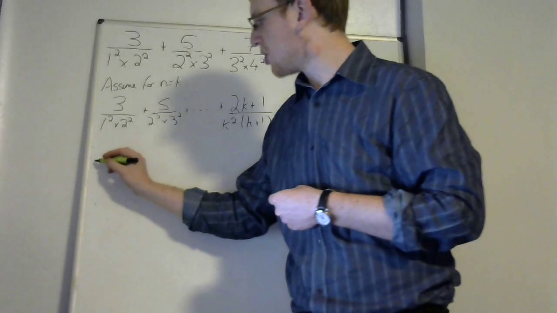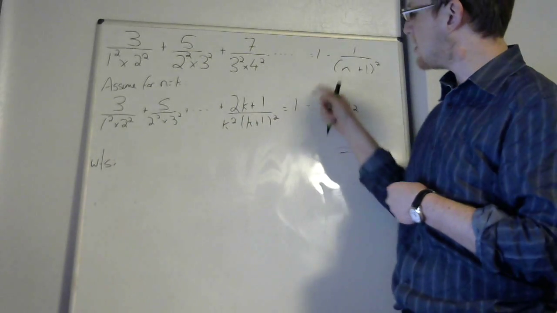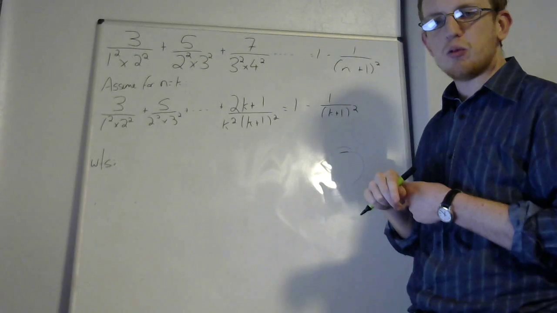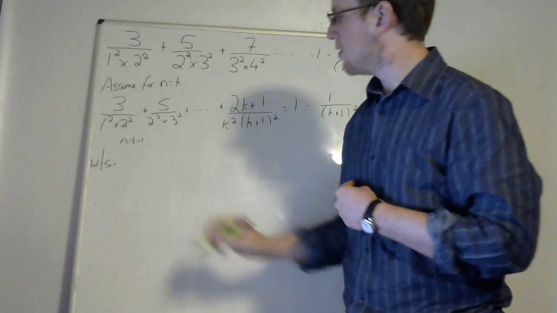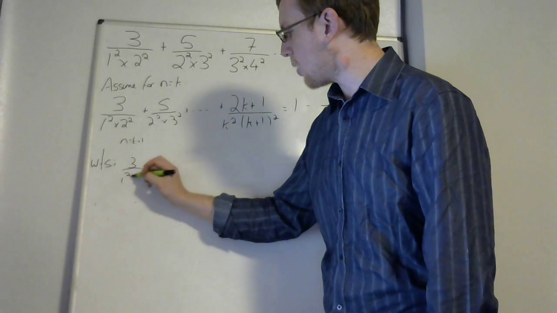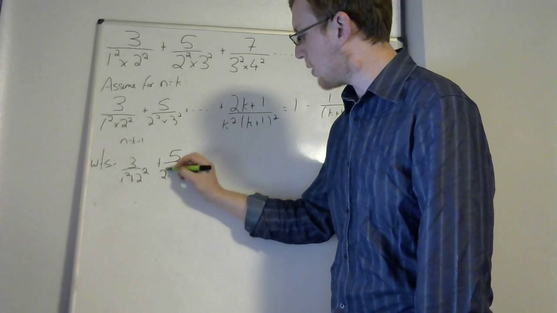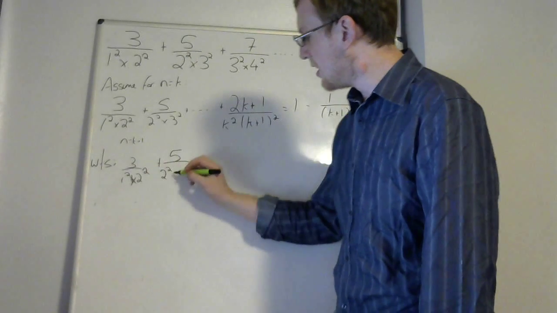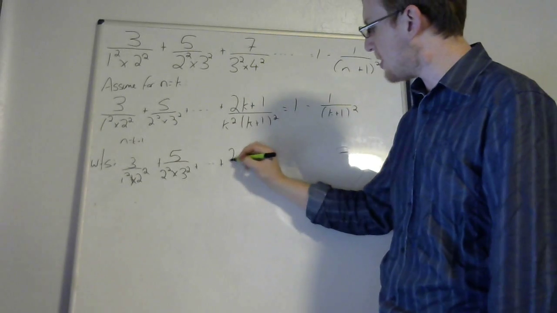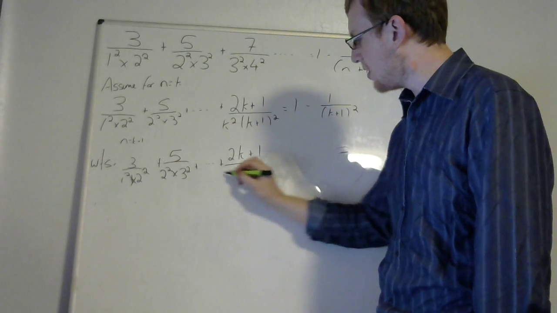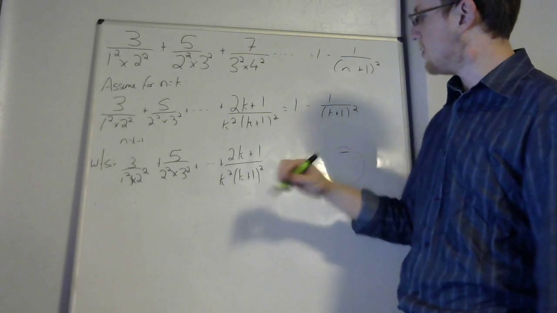So I want to show, for n equals k plus 1, that 3 over 1 squared times 2 squared, plus 5 over 2 squared times 3 squared, and all the way, I'm going to include that term, it's going to be the second to last term this time, and the last term is going to be this but with k plus 1 in it.